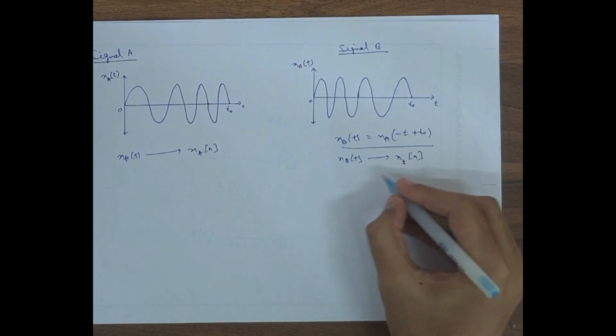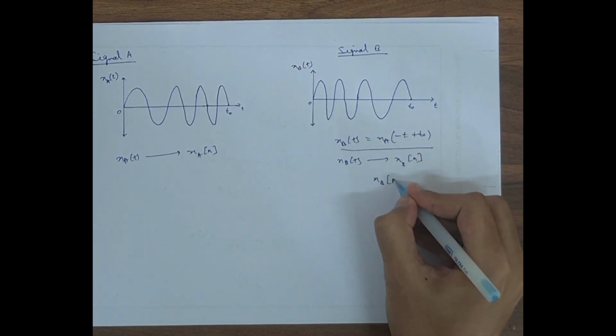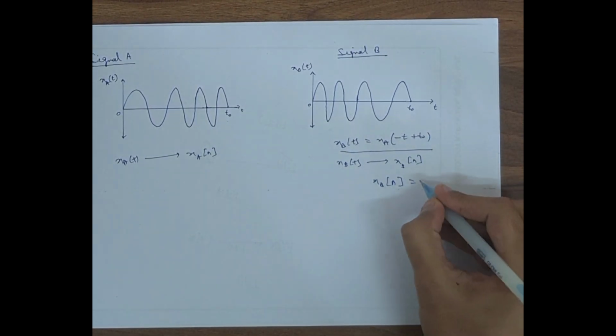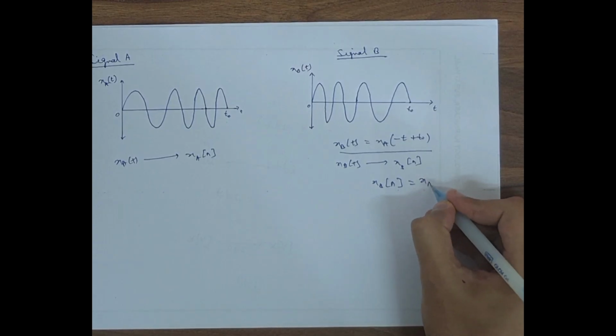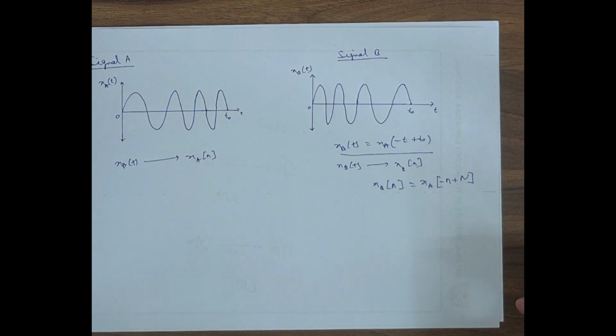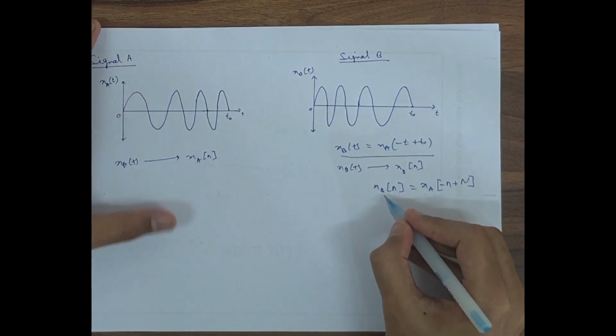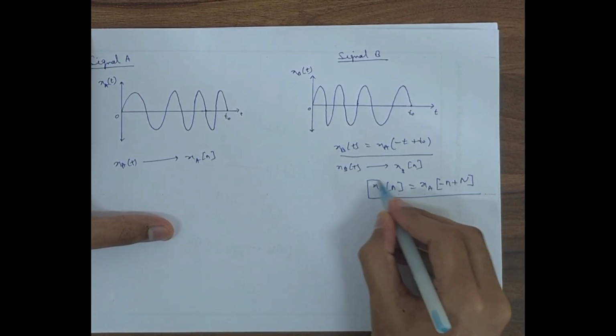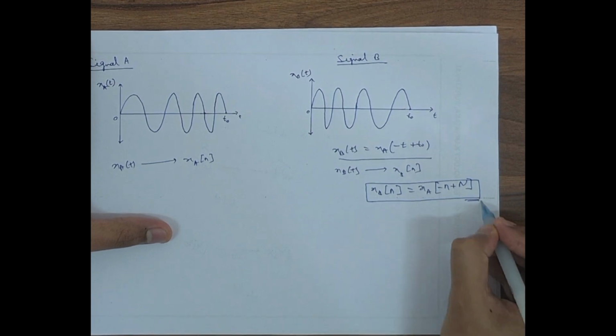So from this, you can write xb of n is equal to xa of minus n plus capital N. Okay, so this particular expression is the main expression.